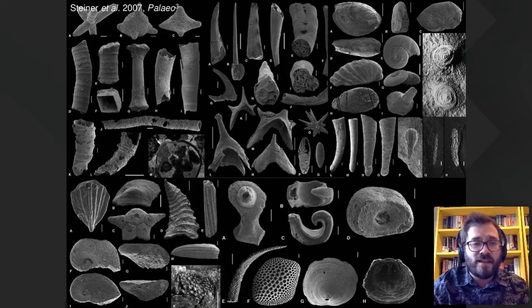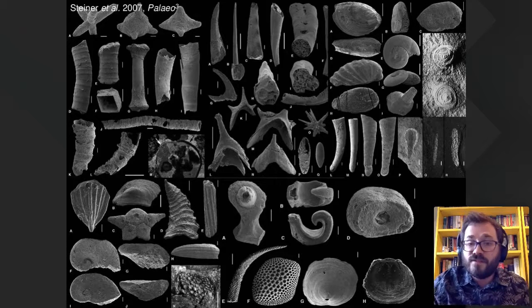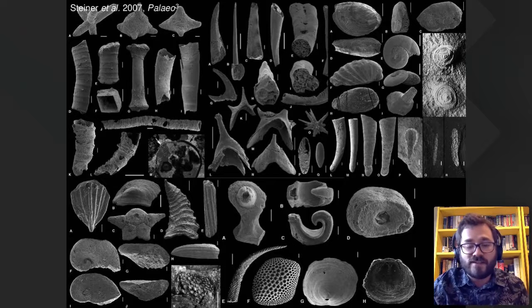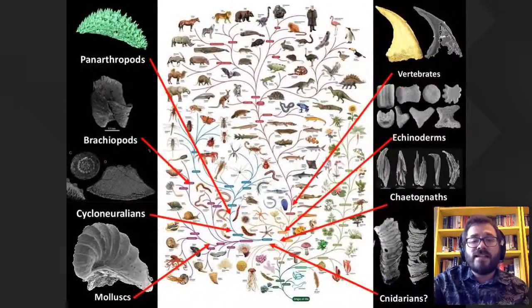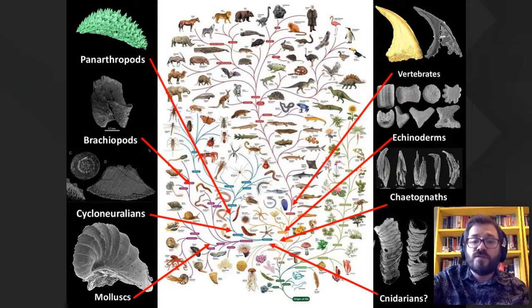They've been given the Ronseal name of the small shelly fossils on account of them being small and shelly and fossils. And they come in a whole range of different shapes and sizes: spines, plates, tooth-like elements, tubes. And they sit all across the tree of life. So very early on in the Cambrian, we get examples of all sorts of different creatures building their skeletons.